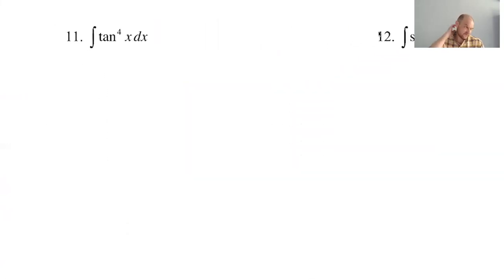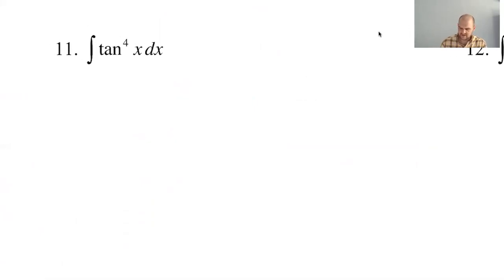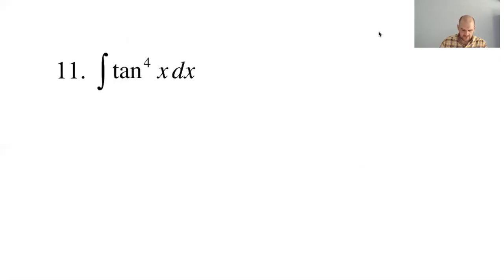Tangent to the 4th. So I do not know what to do on that. Do I convert everything into, all right, so the derivative of tangent is secant squared. So I would need at least one secant squared to deal with that. So do I do tangent squared? Yeah, I think, then how do I integrate tangent squared? Get 1 plus secant squared, am I overcomplicating this? Maybe.